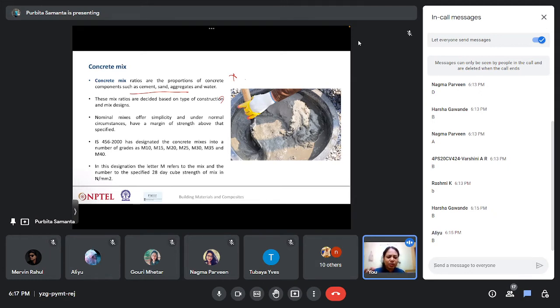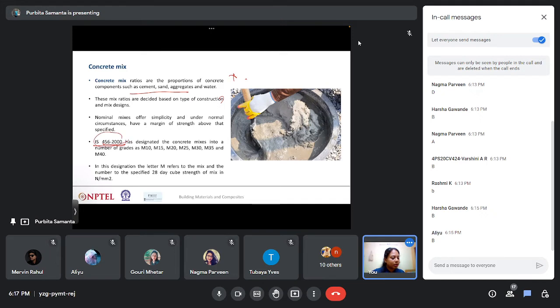In that case we can go for a leaner, low strength nominal mix, for example M10 or M15. But if we are doing something which requires high strength, then we will go for M30, M35, this range. We can also refer to IS 456 2000.